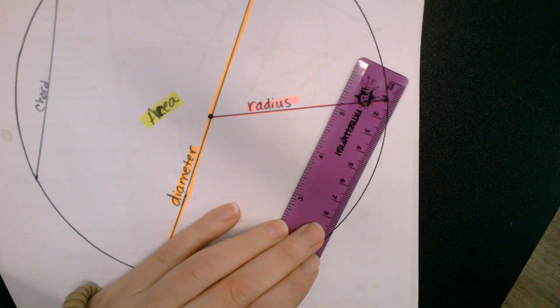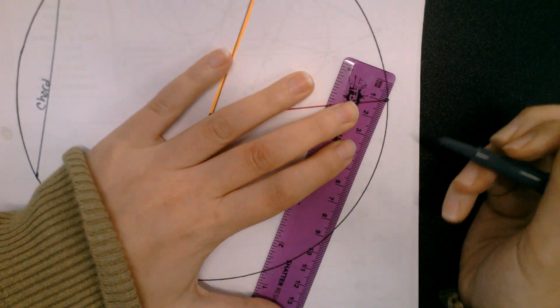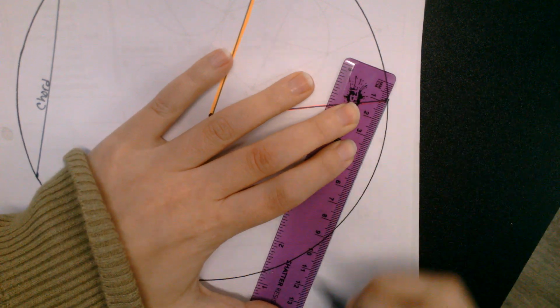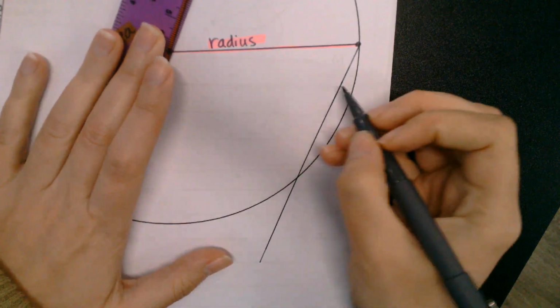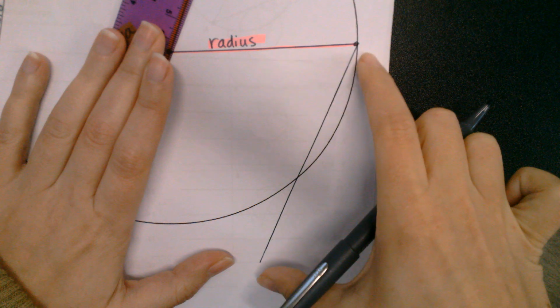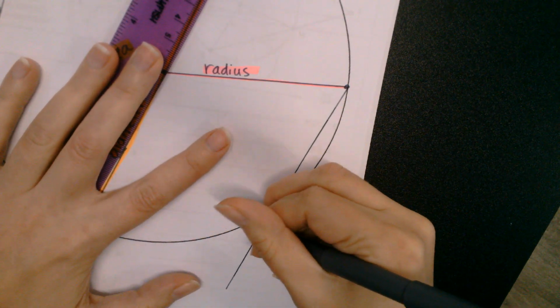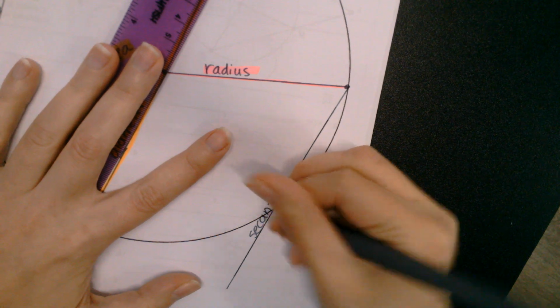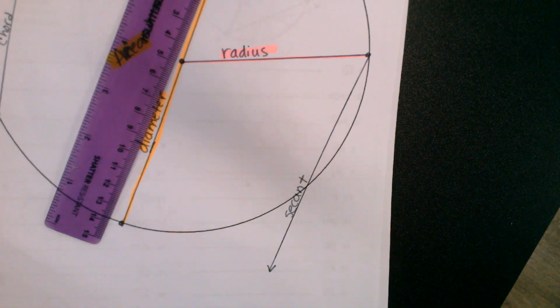Let's go from the radius and let's go outside. So this is what it makes when you go outside your circle. This part inside is the chord part. This part outside, the whole thing would be the secant. And a secant can be either a line or a segment. So you can make this into a line, but it could also be a segment.